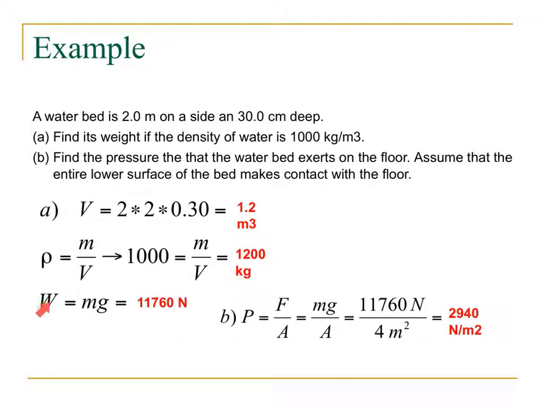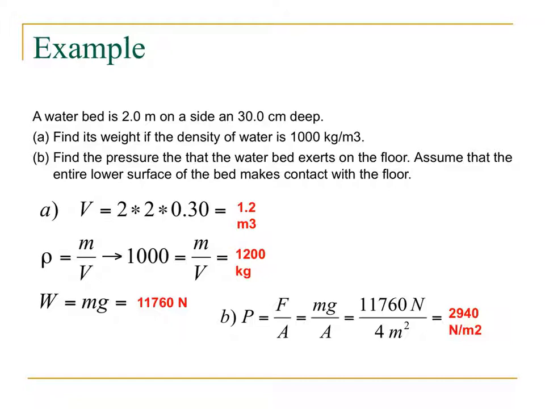To calculate the weight, weight equals mass times the acceleration due to gravity, which would be our 1,200 times 9.8, and we get our weight as 11,760 newtons.